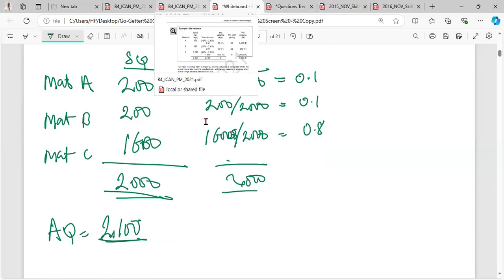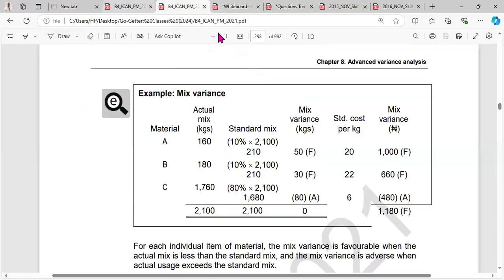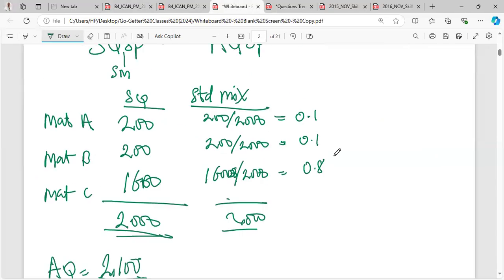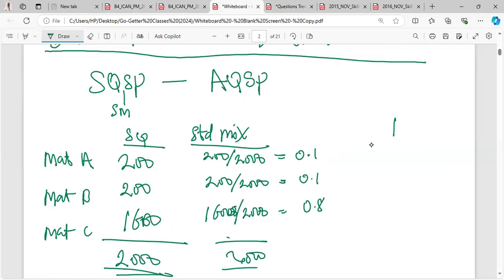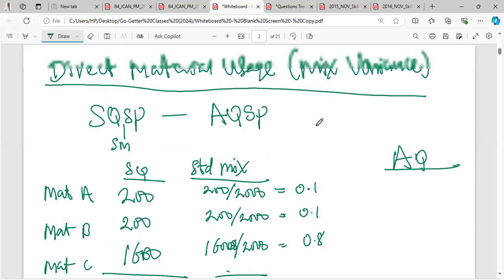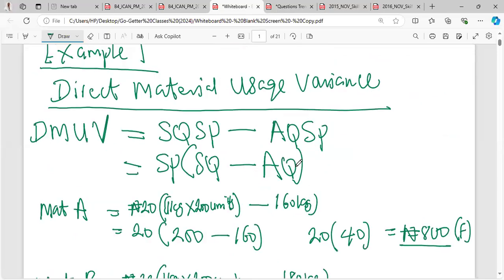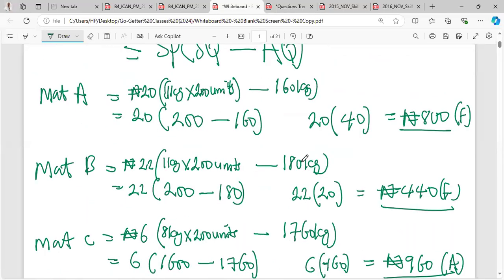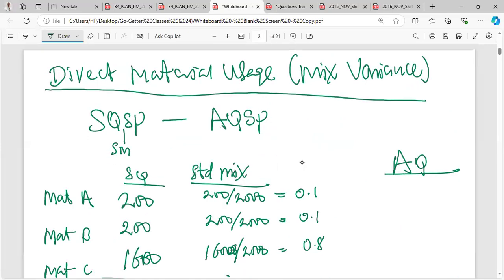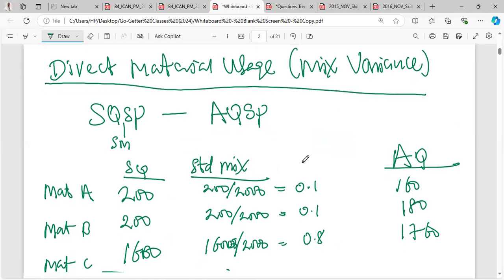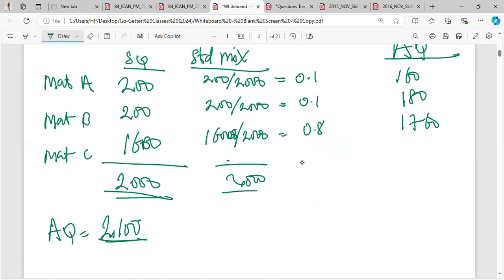Let's look at it again. How did we get our actual? Look at our actual quantity first of all. We used 160, 180, and 1760. These are kg.